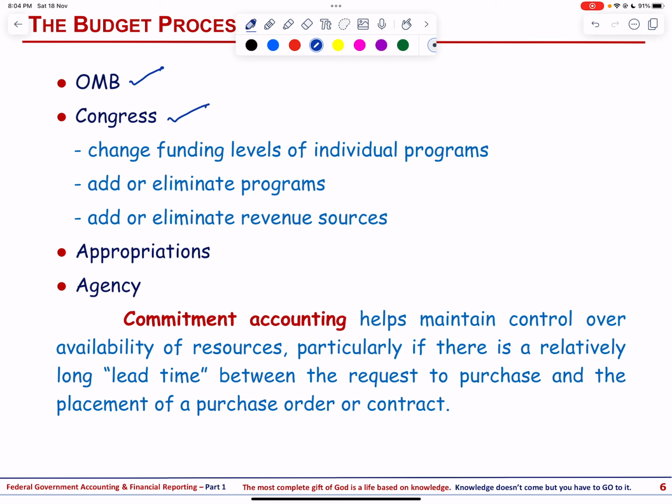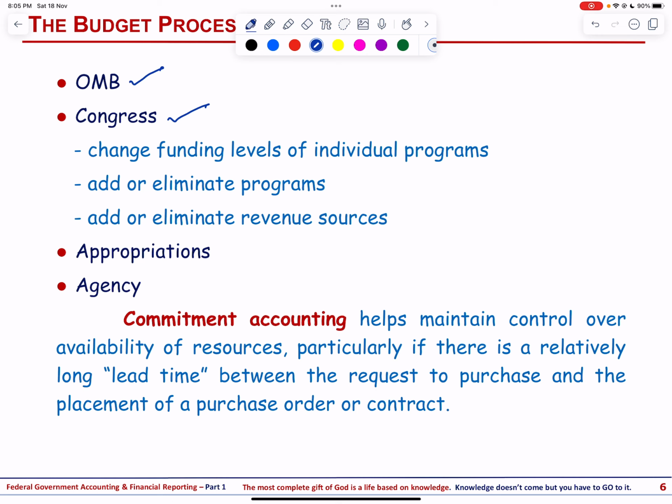The Congress considers the proposal and it may change funding levels of individual programs. They may add or eliminate programs, or it may even add or eliminate revenue sources. The Congress first considers budget totals before taking a decision on specific appropriations.